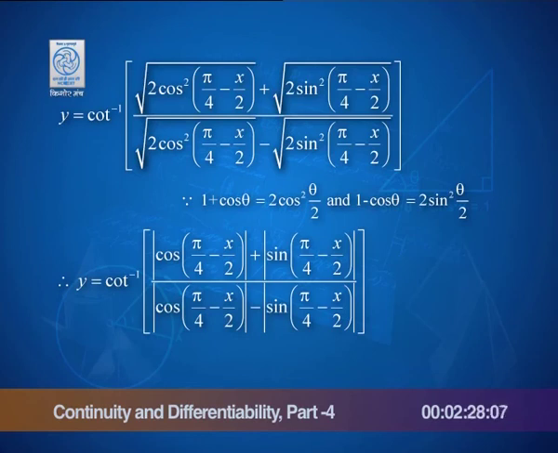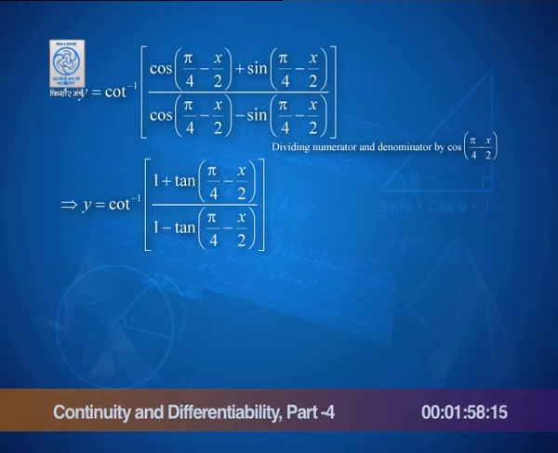Do you think then we can say that cos and sin of pi by 4 minus x by 2 are both positive quantities, and therefore, y simplifies to be cos pi by 4 minus x by 2 plus sin pi by 4 minus x by 2 divided by cos pi by 4 minus x by 2 minus sin pi by 4 minus x by 2. Now, this is an expression which we have worked with a number of times and know that this can be rewritten as cot inverse 1 plus tan pi by 4 minus x by 2 upon 1 minus tan pi by 4 minus x by 2.